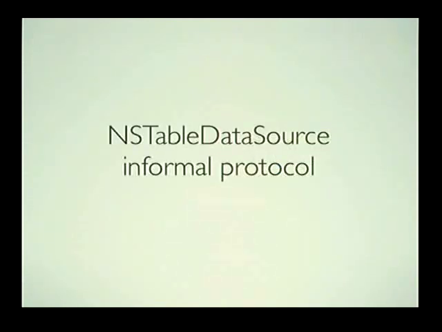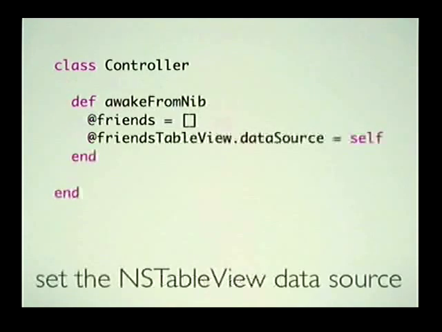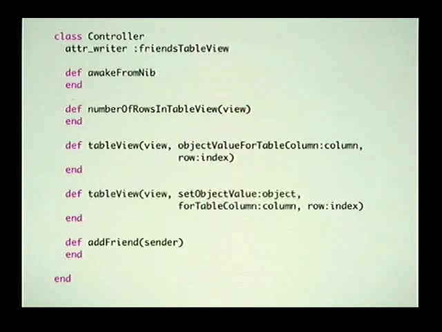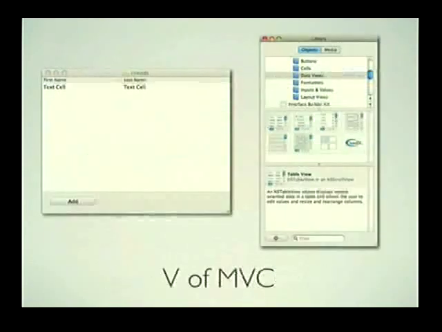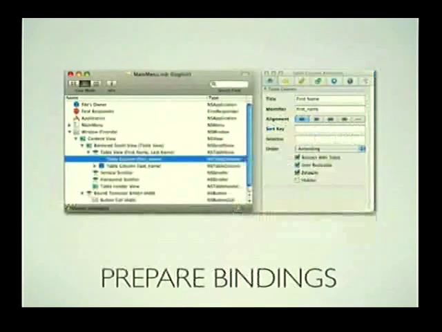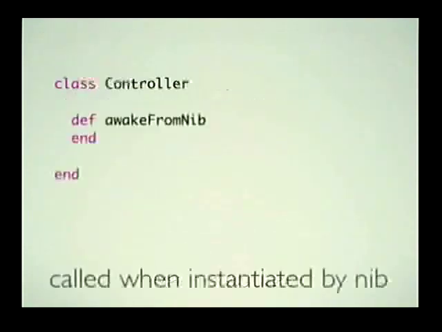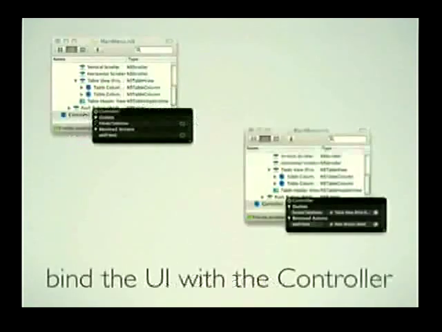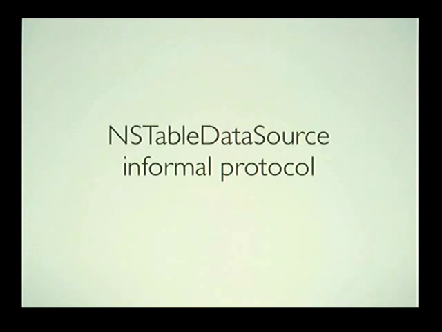Now let's talk about the NSTableDataSource. Because we use this complex UI interface, which I have somewhere here, we want to use a grid, and that's a bit more complicated. The table view is not as simple as a simple field. So we need to feed it information in a certain way, and the table view has an informal protocol.